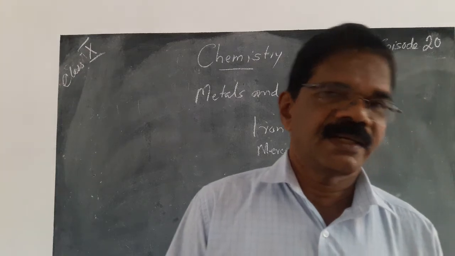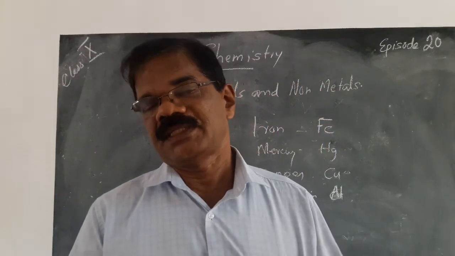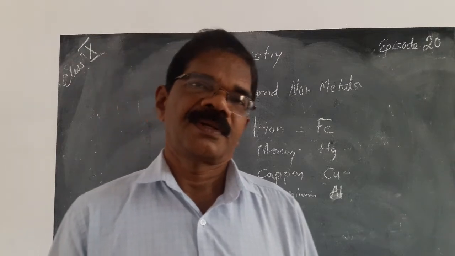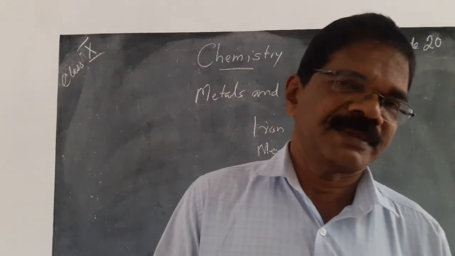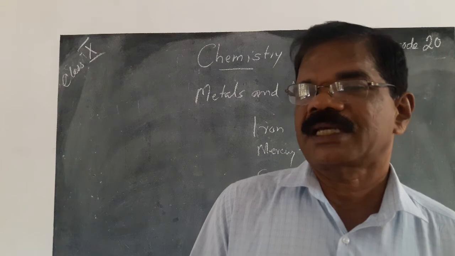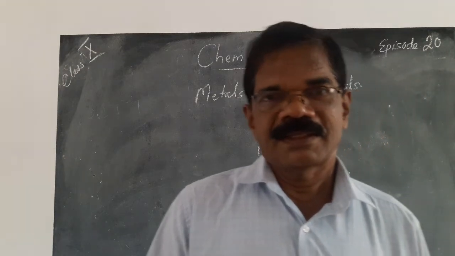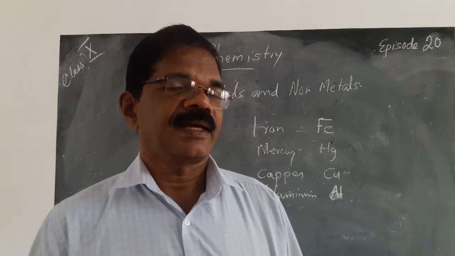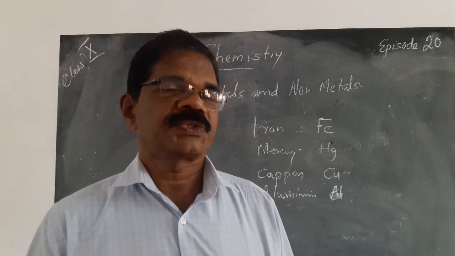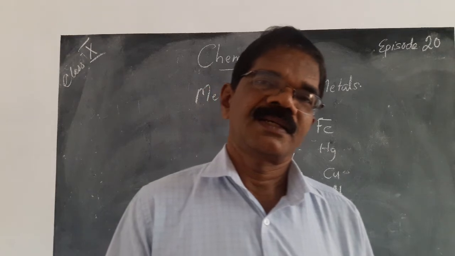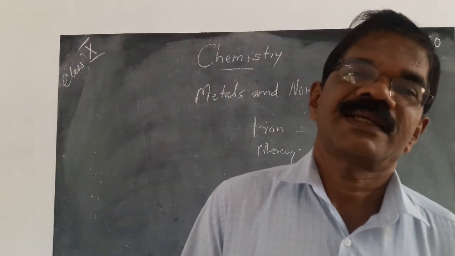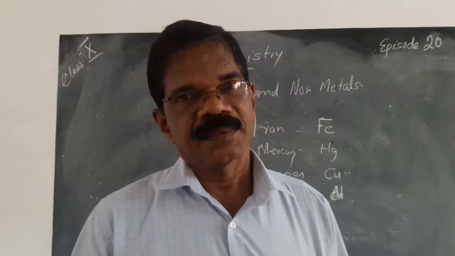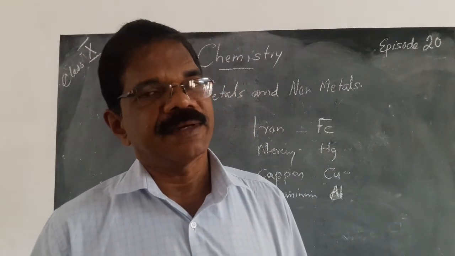Then can you say other properties? In your kitchen, which material are the cooking vessels made of? Nowadays almost all cooking vessels are made of steel. Steel is an alloy. Steel and aluminium vessels are used for cooking. Why? They easily conduct heat. At the same time, the electric wires.